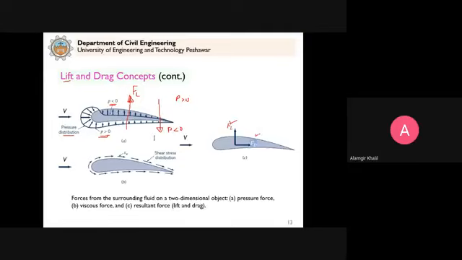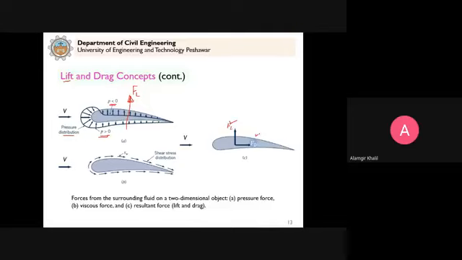And in this case this lift force will be in the downward direction. So this we will study in detail, why this situation is created, that we have a greater pressure at the bottom and negative pressure at the top. But this explains the mechanics of how this force is created.